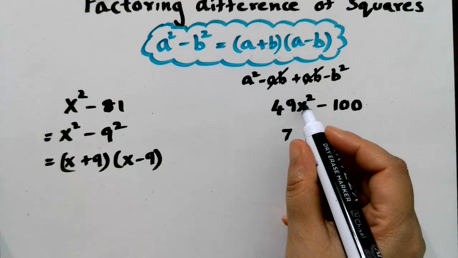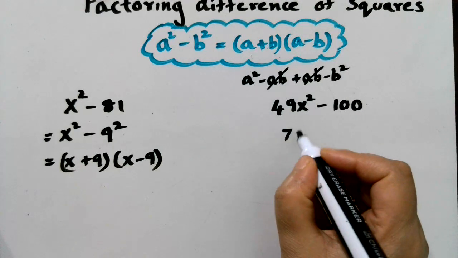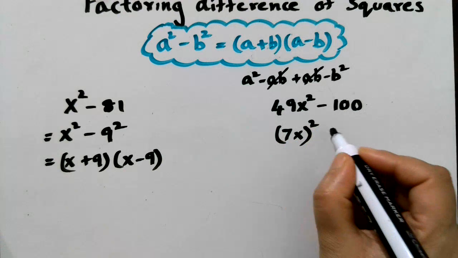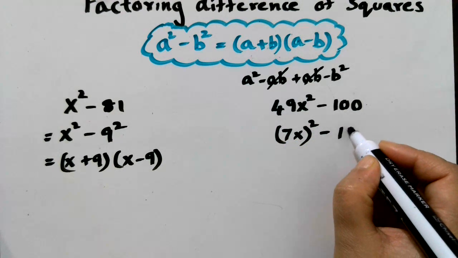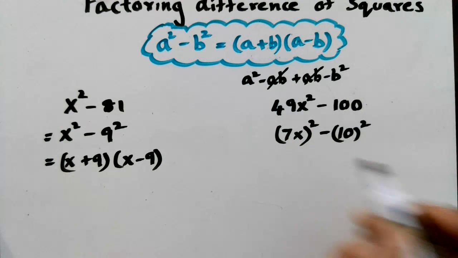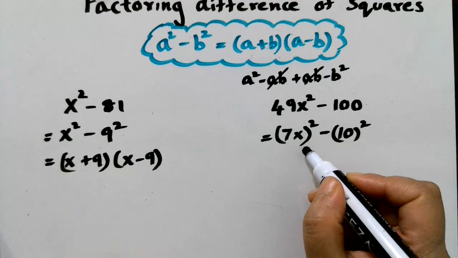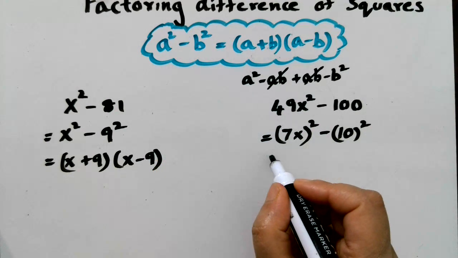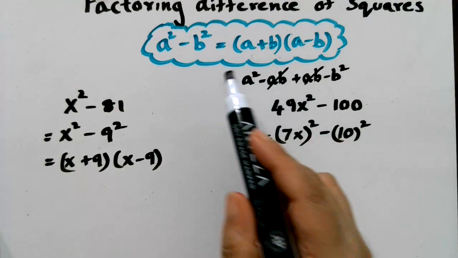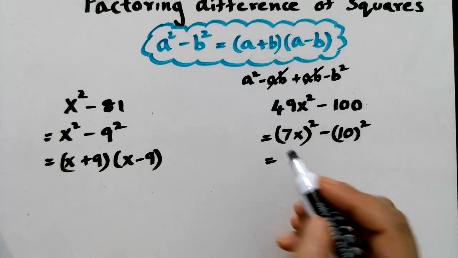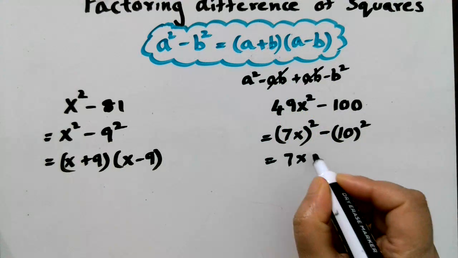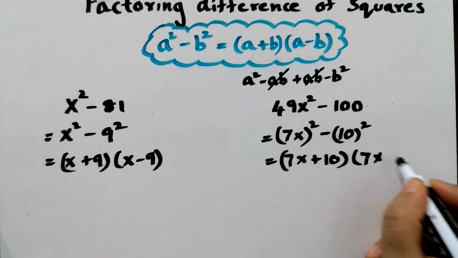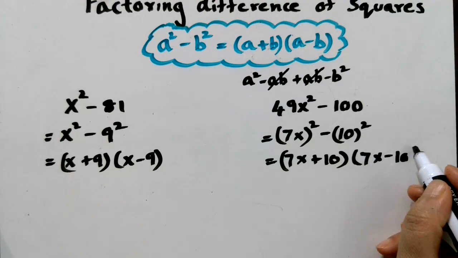Here you see that only the x has a square, so I can write this as 7x squared minus 10 squared. Now this is exactly in the form a squared minus b squared. And we know a squared minus b squared is a plus b times a minus b. So this one would be 7x plus 10 times 7x minus 10.